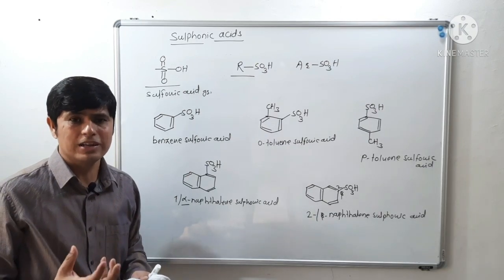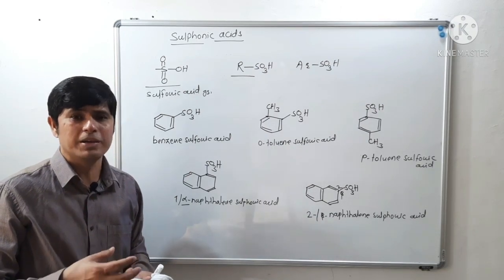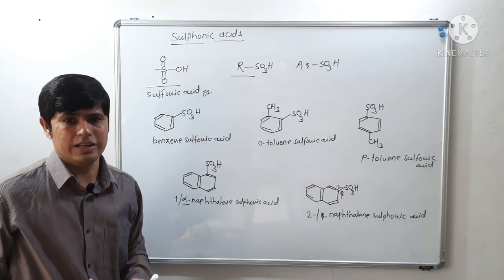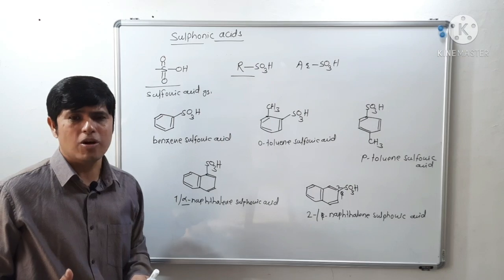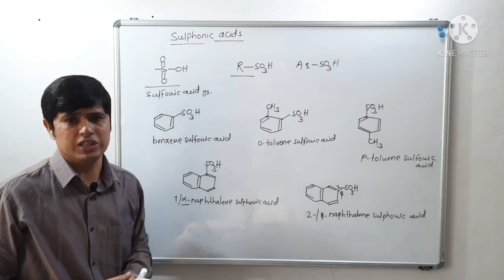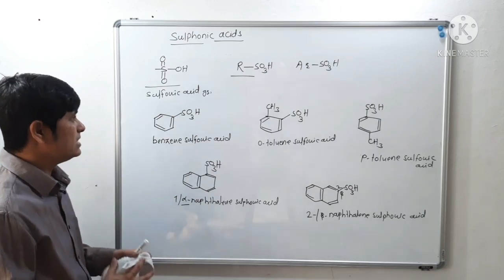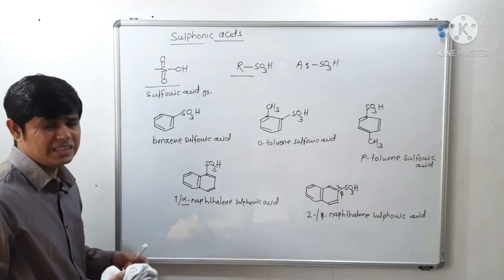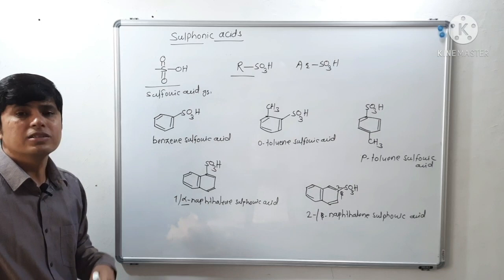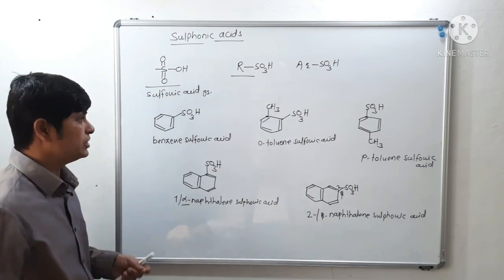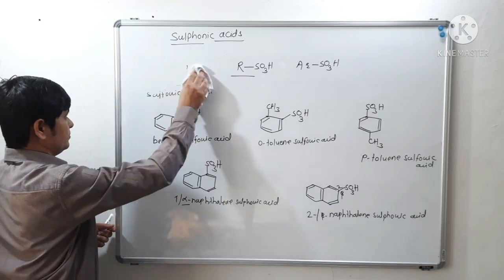It may be benzene, naphthalene, or any aromatic nucleus. Then that reaction will be an aromatic sulfonation reaction. Now let us see which reagents are used for sulfonation reaction.